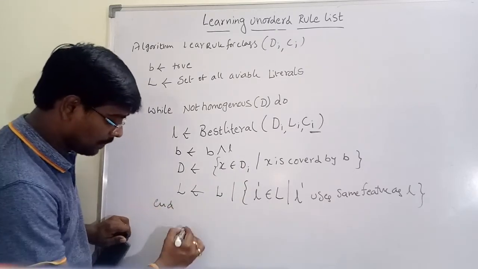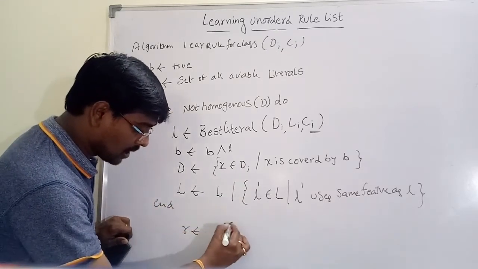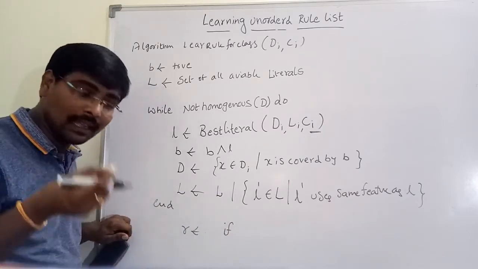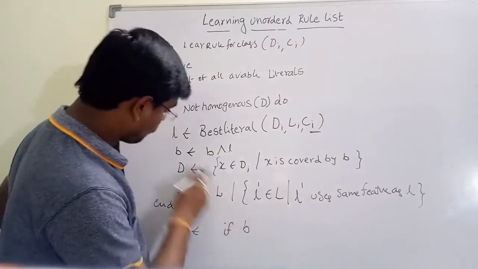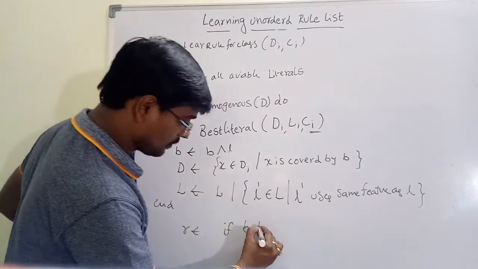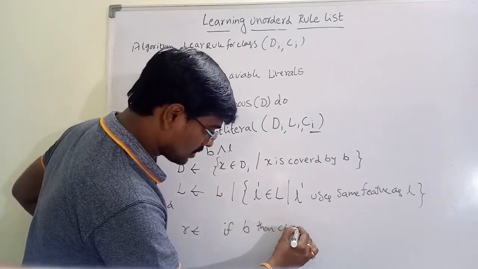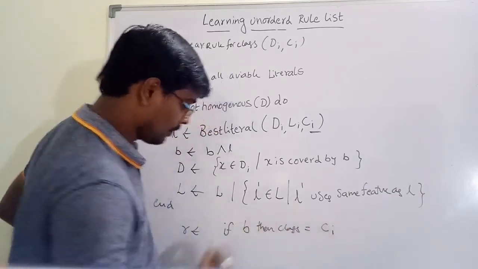Finally, this is the end, and the last statement is: we return the class. If B exists, that means if any rule exists, then the class is equal to Ci.